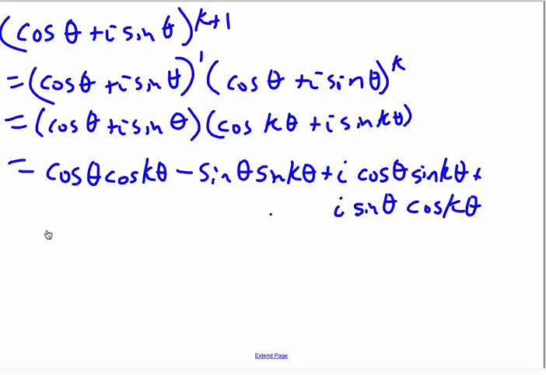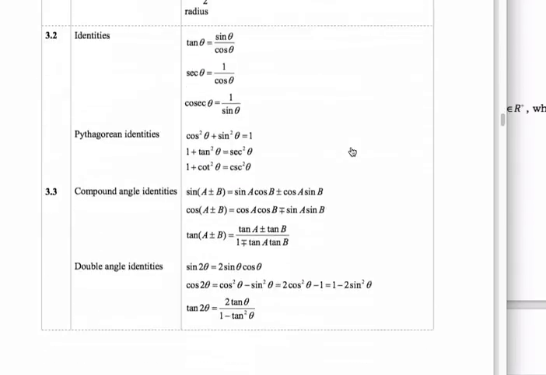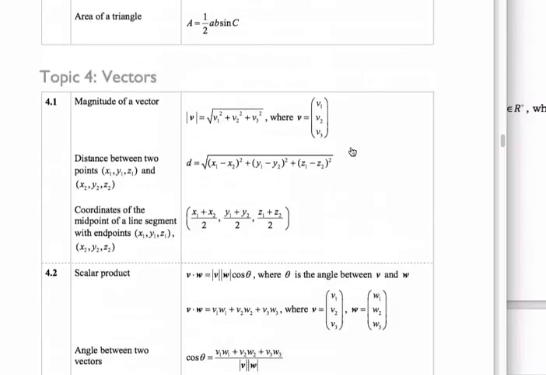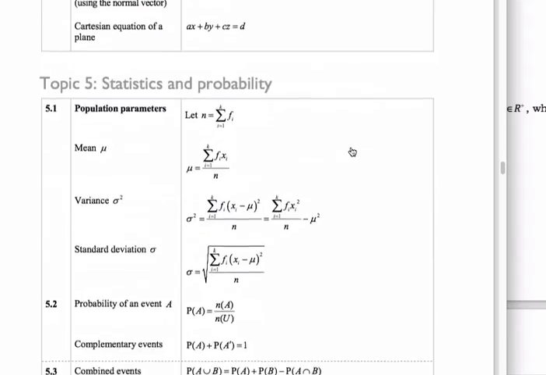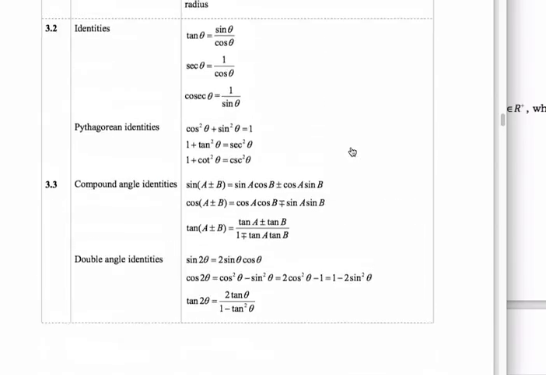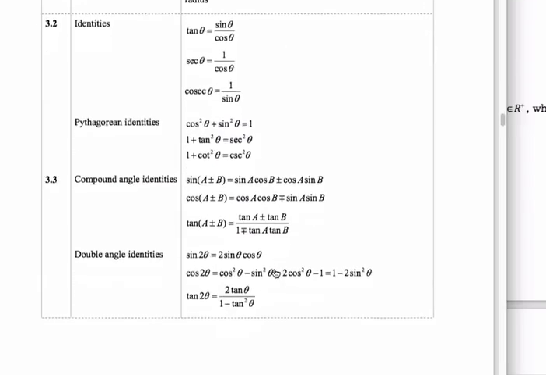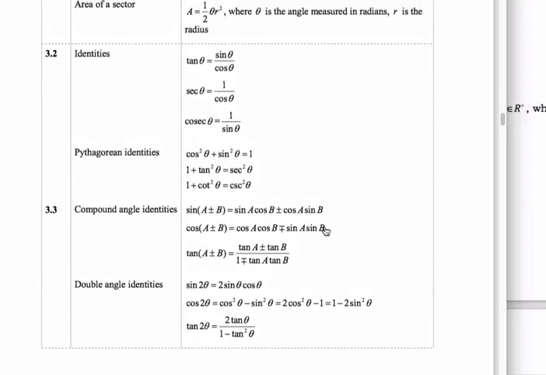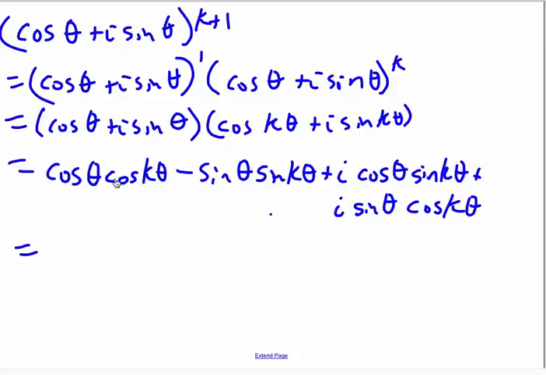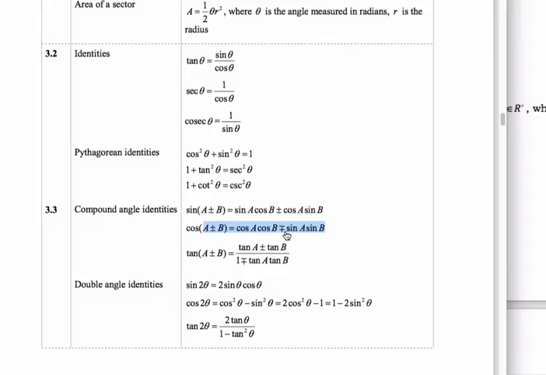Let's take a look at this now. cos θ cos kθ minus sin θ sin kθ looks like a trig identity from the formula booklet. That would be this one right here. Here we have a subtraction sign, so we do the opposite and add those two arguments together.